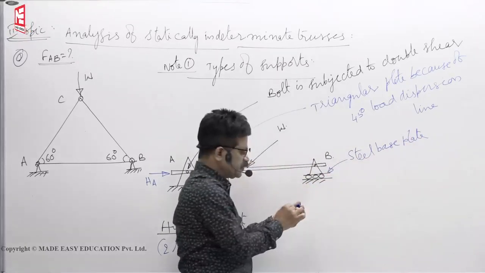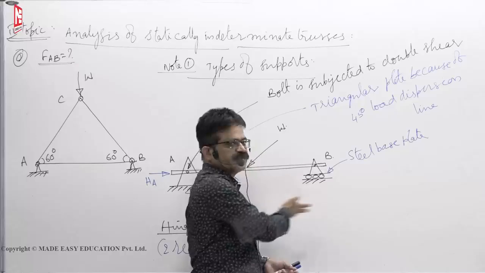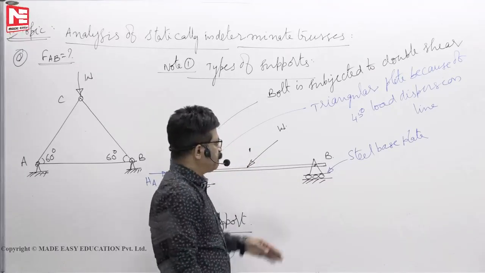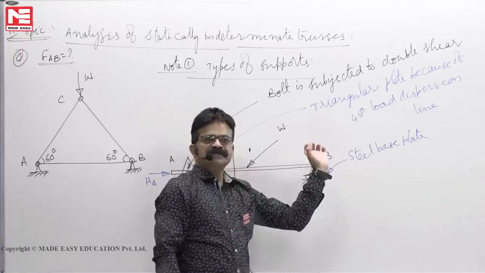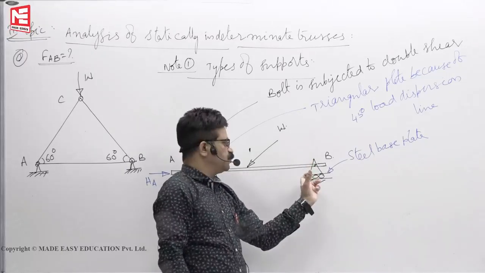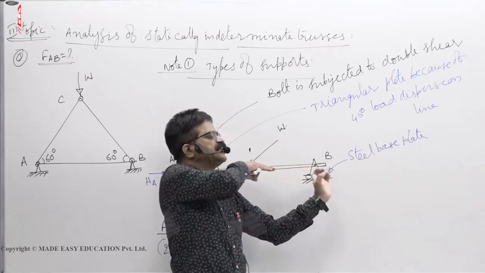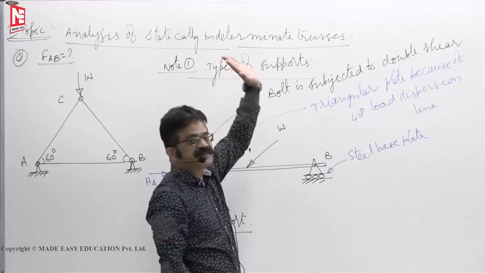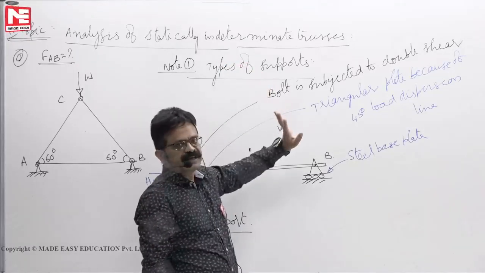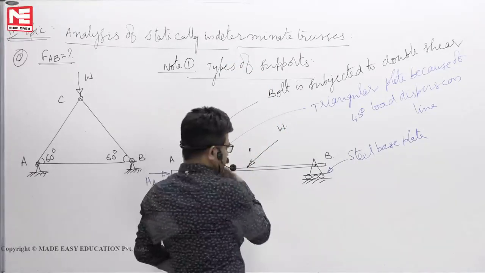Below the base plate, rollers will be there, and it will roll forward or backward. It cannot be lifted because you will have a holding mechanism like this, so that it can slide forward and backward but you cannot lift it up.